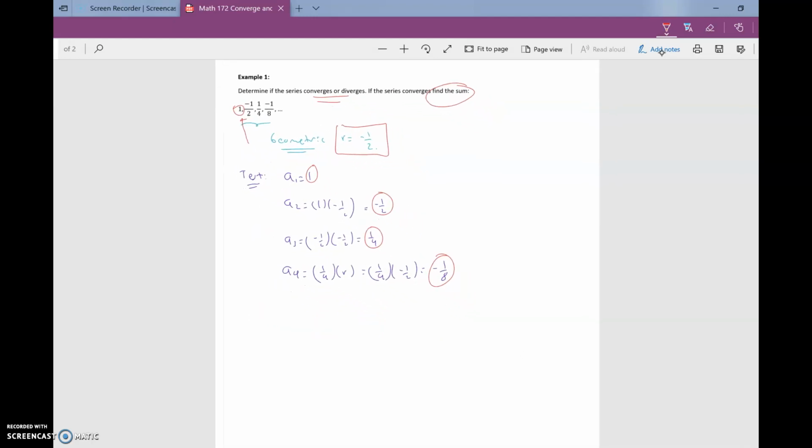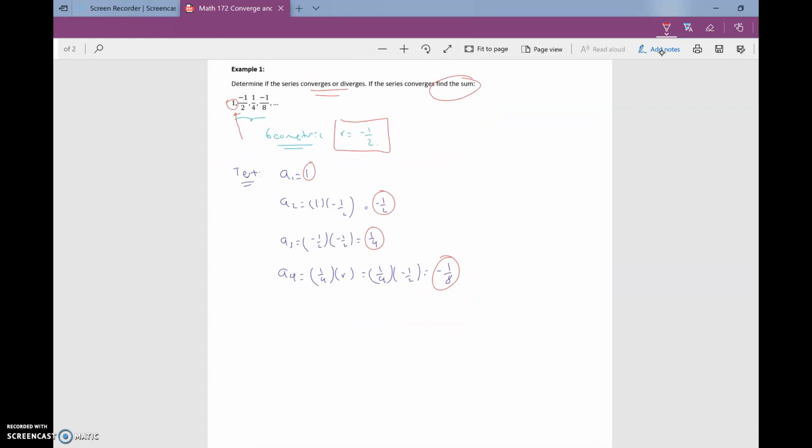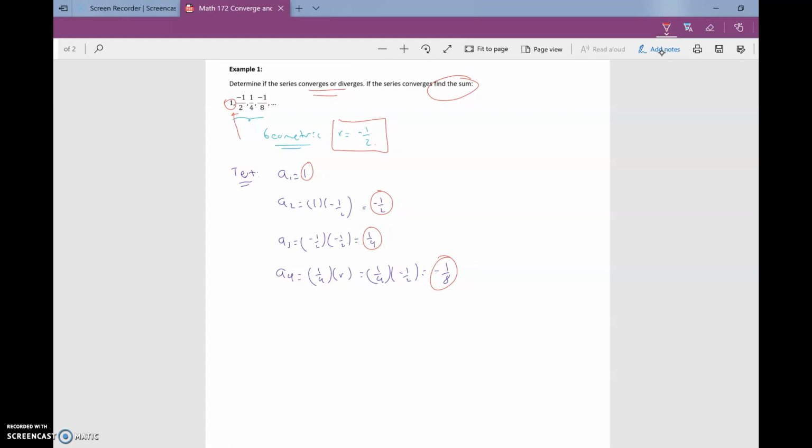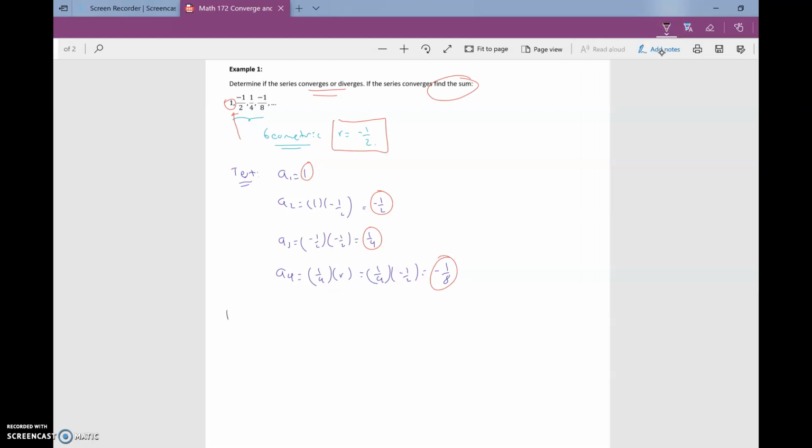So in this case, because this is geometric, it has the potential of actually converging. It's going to converge if the absolute value of R is less than 1. In this case, the absolute value of R is the absolute value of negative a half, or 1/2.